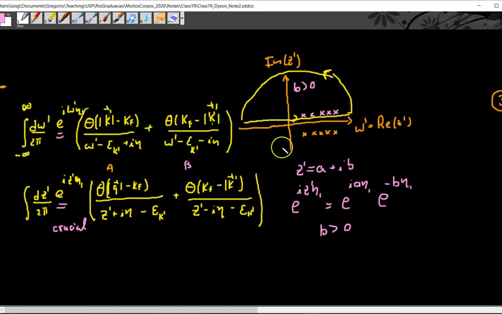It means that taking that contour, then the integral of this part is 0 because there's no poles for this part inside the contour. The poles are down here, and all I'm left with is this one.